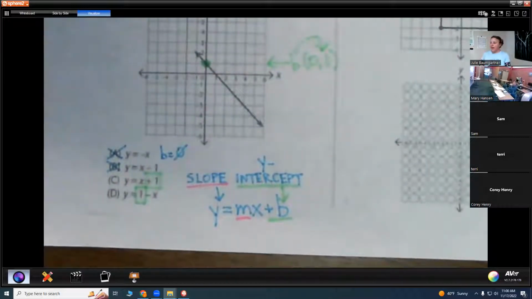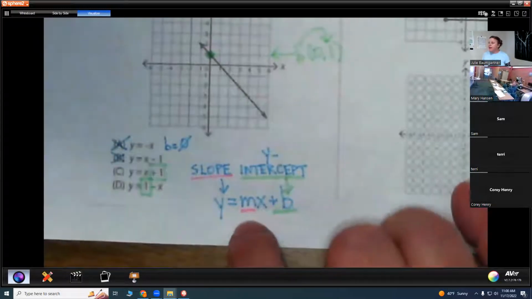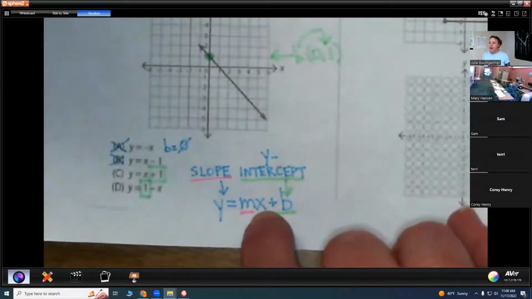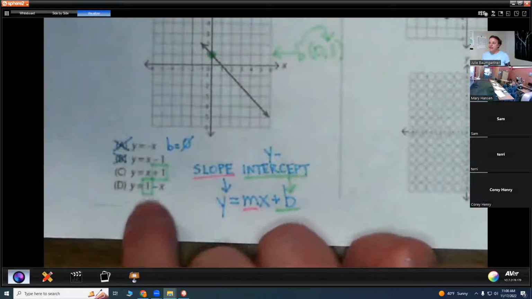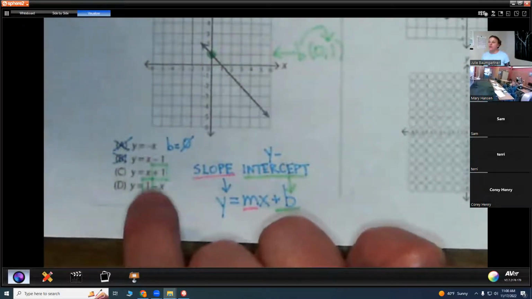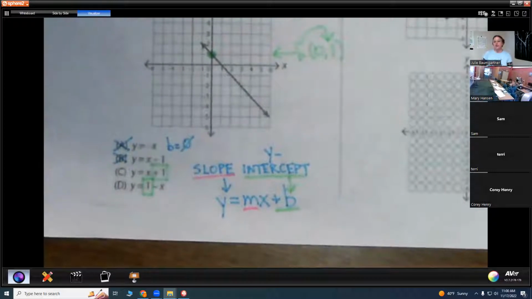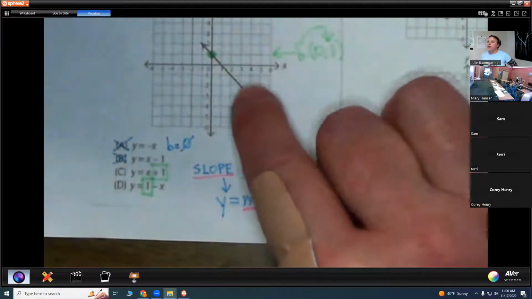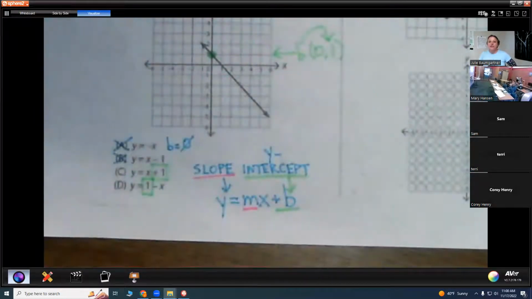All right, so then the second thing we have to look for is our M, okay? And the M is basically next to the X. Now, there's nothing next to our X's in our choices. So what does that tell us about M? Or just like we talked about before, what do we know about the slope of this line? It's going down.